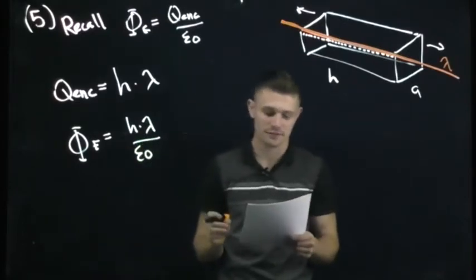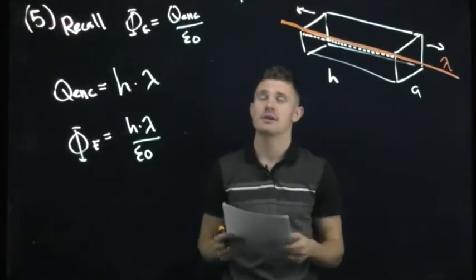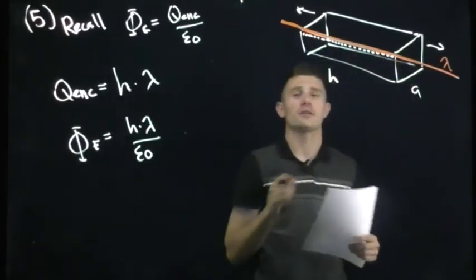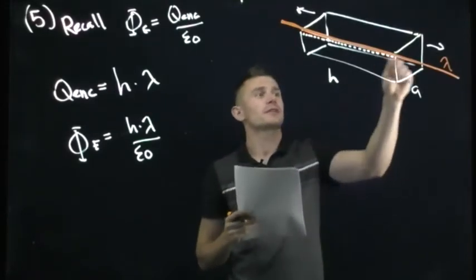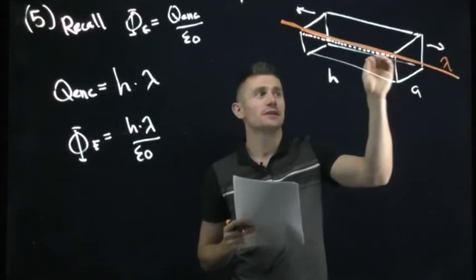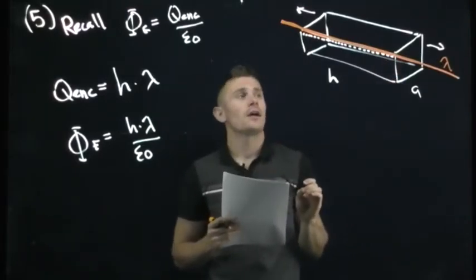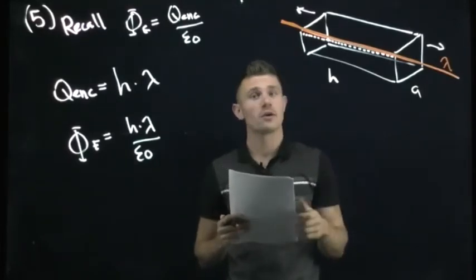Now Jason was asking for what is the electric flux through one side of the box. Now this box of course has 6 sides. There is no electric field flowing through either end of the box. Now we're down to 4 sides. And because the line of charge is centered specifically and symmetrically at the very center of this rectangle, that means that the amount of flux flowing through each of the 4 surfaces will be equal.